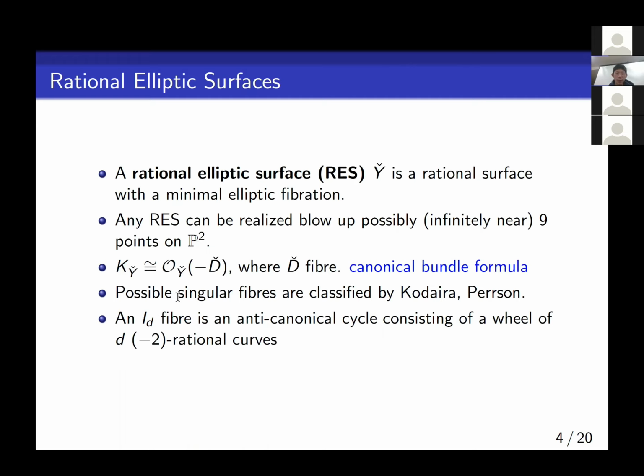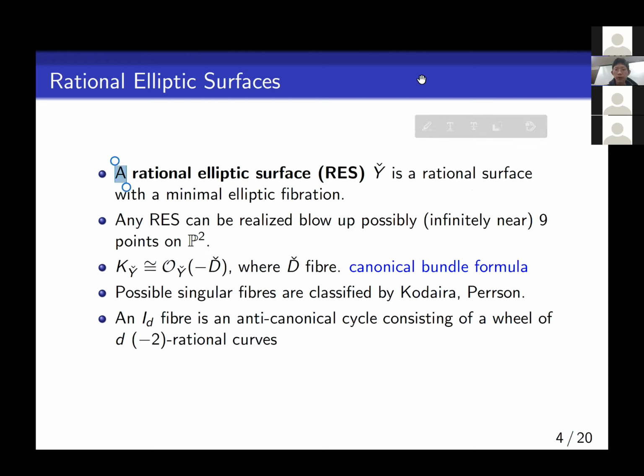All the possible singular fibers are classified by Kodaira, and for the case of rational surfaces, particularly classified by Persson. There is a particular kind of fiber that I will focus on today. It's called an I_D fiber.